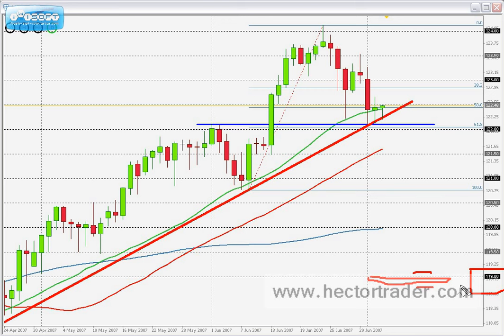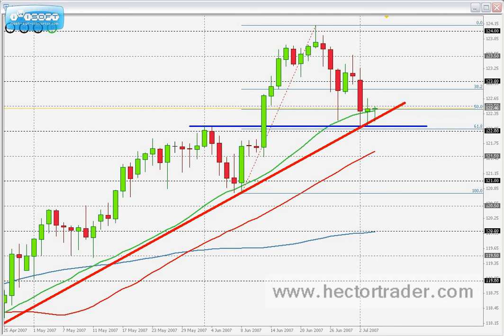But nonetheless, this technique doesn't require long stop losses. Actually, the idea is not to place long stop losses. All right, let's go back to this chart.